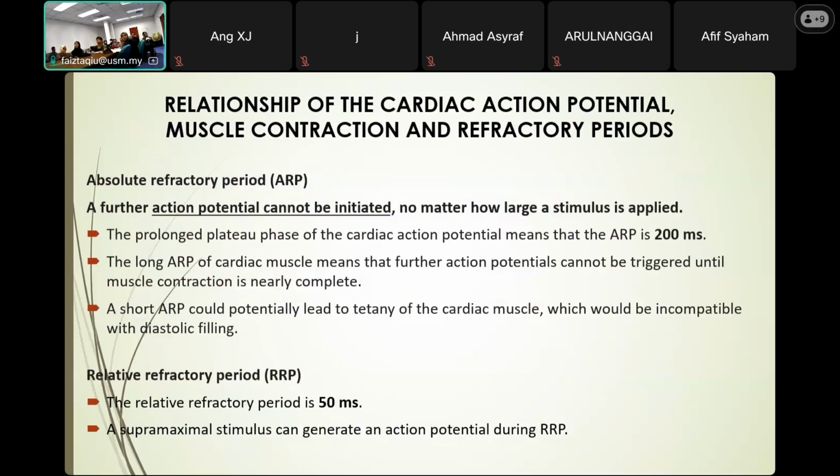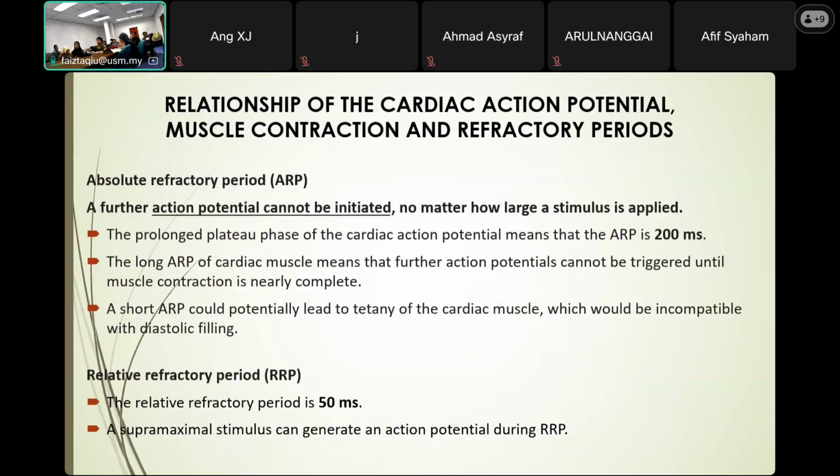Okay, Taki. From the explanation by Daniel, can you tell me what you understand about the absolute refractory period? Okay, very good. I just want to test how you come up with your own words. Absolute refractory period, you start with period first.